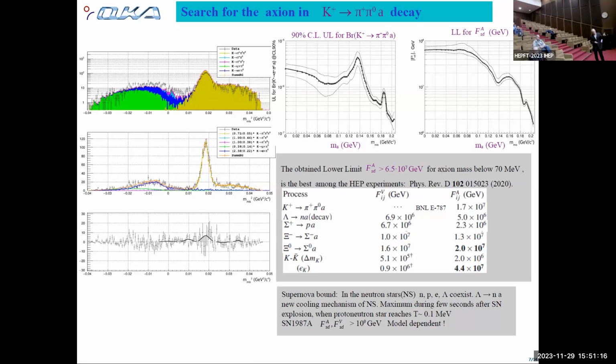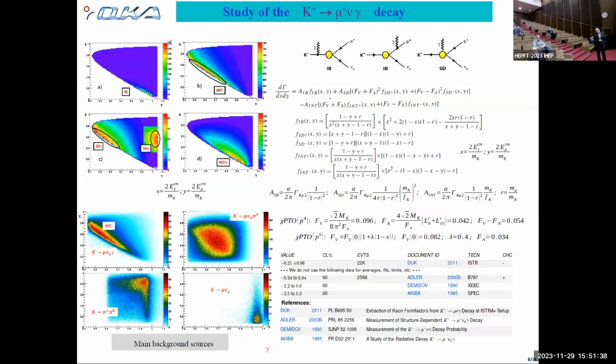And by measuring energy flow, you can derive a limit. The limit is actually very good, say more than 10 to the 9 GeV, but it's strongly model dependent. So, okay, that is all for the axion search.